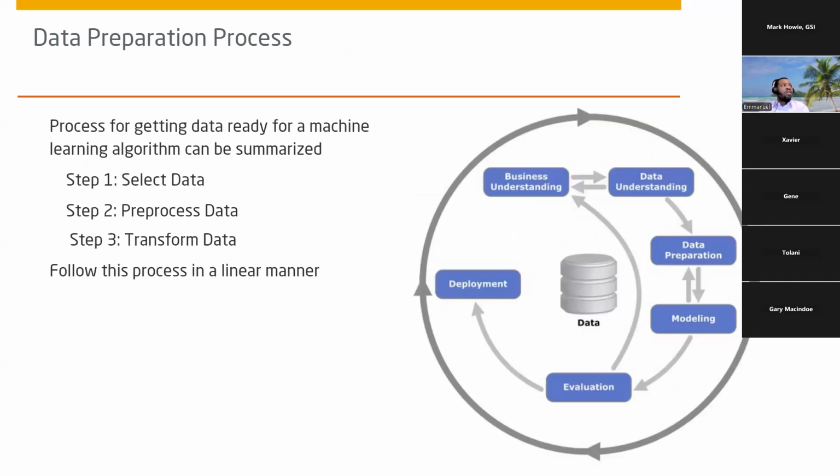To prepare your data, there are three processes. The first is for you to select the data, and after selecting the data, you preprocess it and you transform it. That gets you ready for data science.